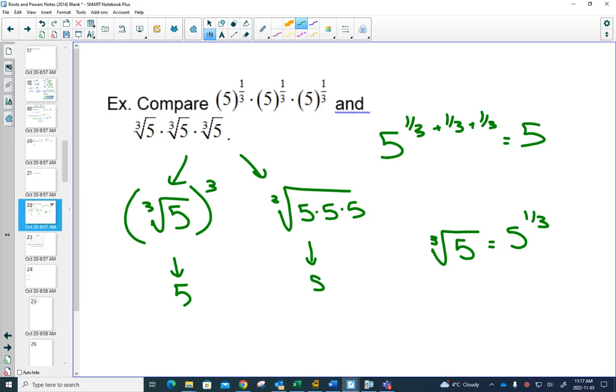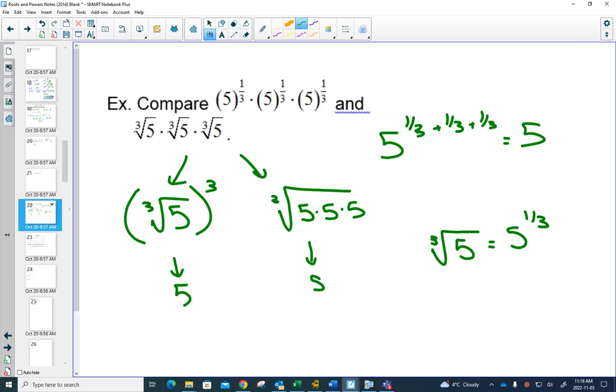Yes? I thought when you multiply exponents, they add. They do. So that's why I wrote, I'm multiplying exponents, and I added 1/3 plus 1/3 plus 1/3. Wouldn't that be 6 then? Yeah. How do you add fractions? Right? This is like the most important thing in our fraction rules. You need a common denominator. Do they have common denominators? Yes.